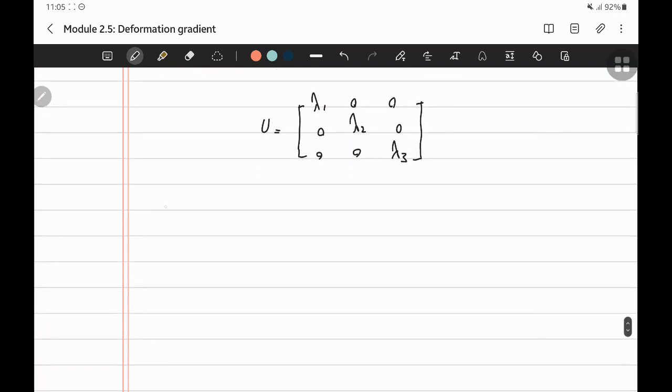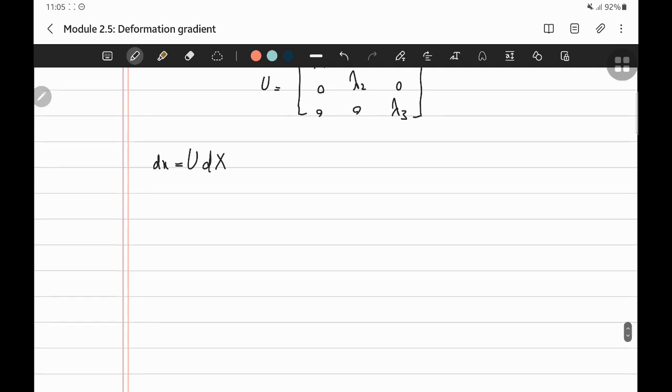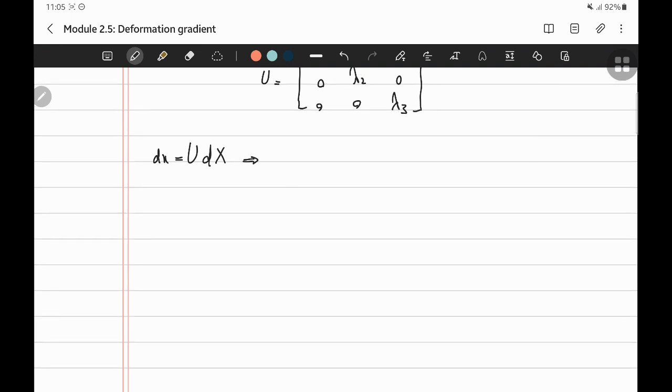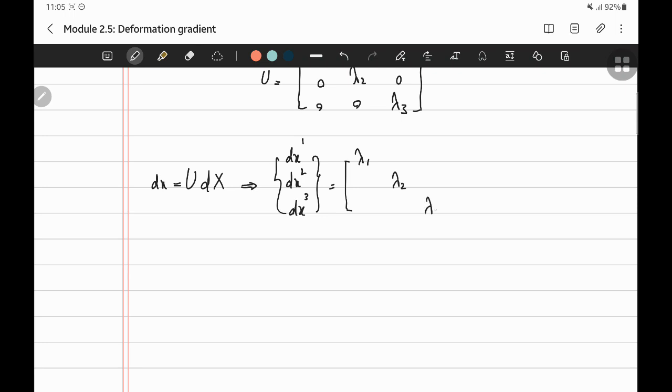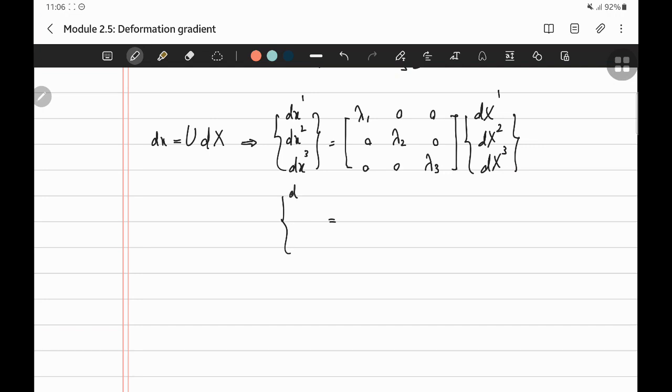So we have dx is equal to F dX, and now we replace this F with U, a special case of F. So we get dx1, dx2, dx3 equal to the matrix with lambda 1, lambda 2, and lambda 3 on the diagonal and the rest 0, times dX1, dX2, dX3.